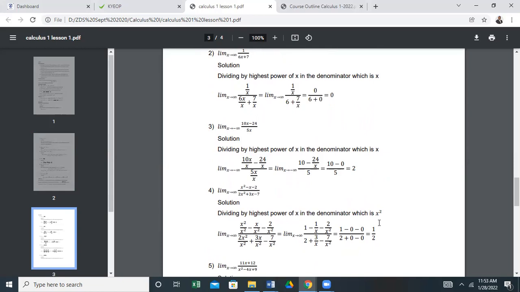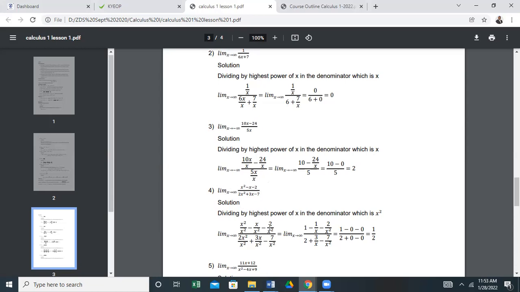Look at the following. I have quadratic expressions of the form x squared minus x minus 2 all over 2x squared plus 3x minus 7. Again, we divide by the highest power of x in the denominator.